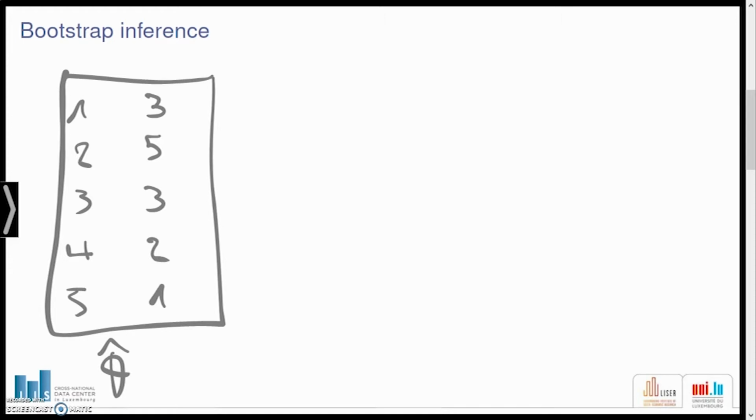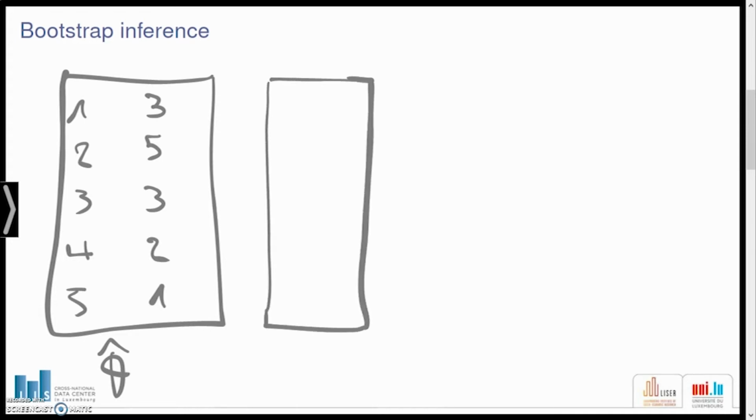So the idea of the bootstrap is as follows. A new sample of size 5 is drawn with replacement from that original sample. So for example, we're going to create our first bootstrap replication here. Still 5 observations, but we're going to do that randomly.